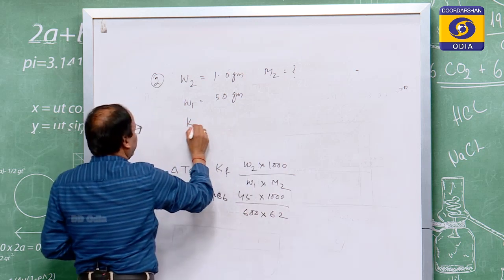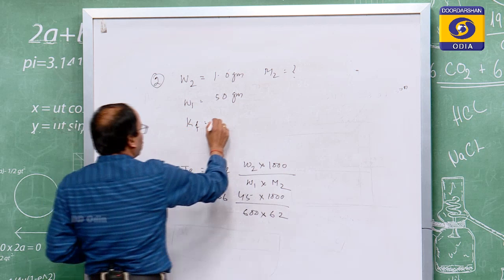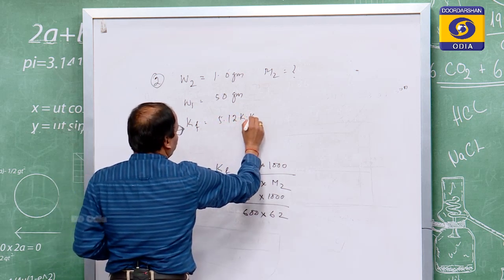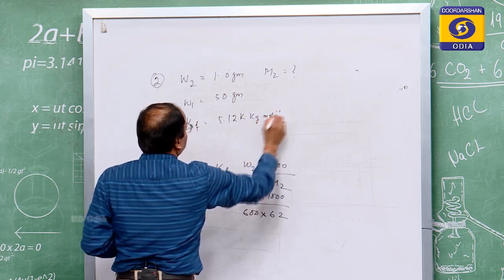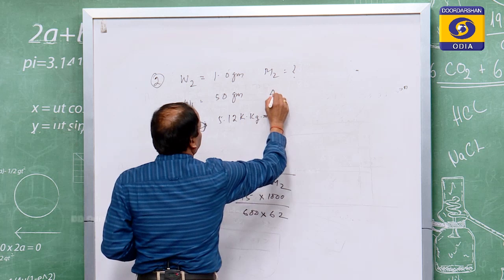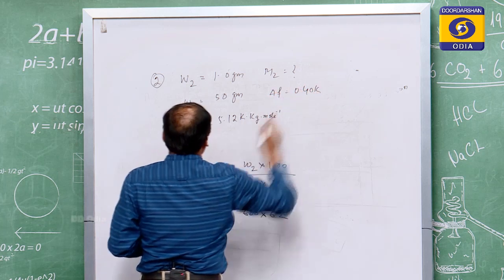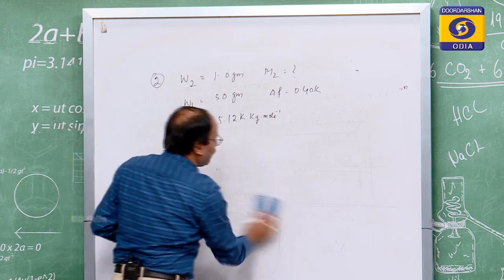Kf is equal to 5.12 K kg mole inverse. Then the depression in freezing point, delta Tf, is given as 0.40 Kelvin. Then you find out the molar mass. What is the formula for molar mass?